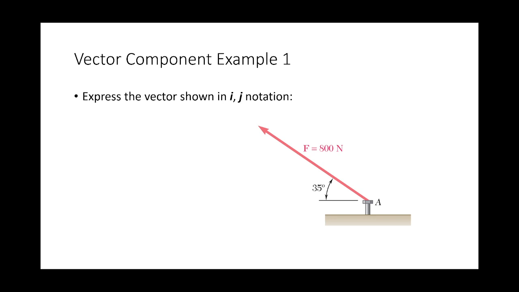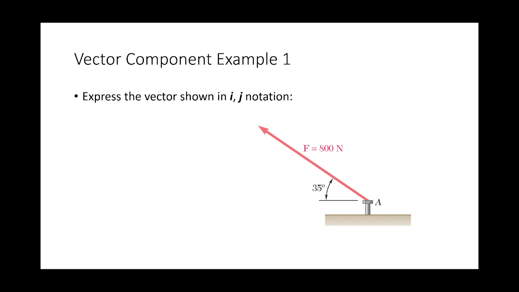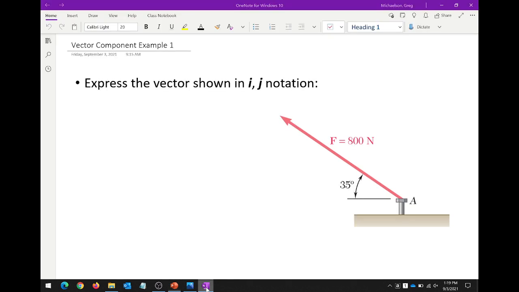We're just going to take this vector and express it in ij notation. Then once we're comfortable with that, we're going to do a problem that's a little bit more real. So let me go to our class notebook here and let's walk through this. Again, I think you're going to find this is very, very simple. If the trig before was challenging, this is going to be much more doable.